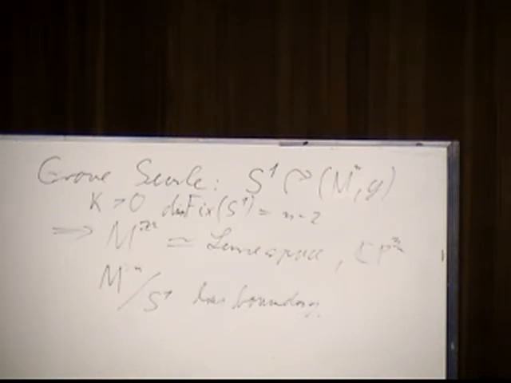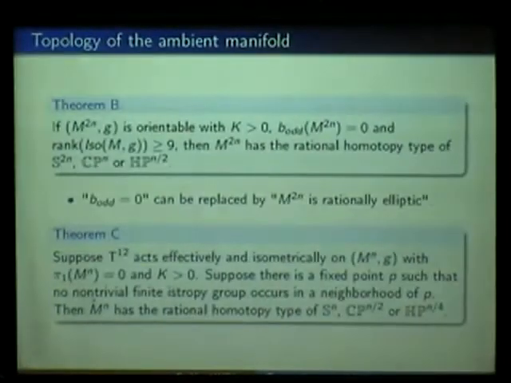But okay, so we assume it acts isometrically on a manifold. It's simply connected again. We have positive curvature and we have a fixed point. And now we make an assumption that in the neighborhood of this fixed point, we don't have any finite isotropy groups. So it's a way of assuming something on the isotropy representation at a fixed point.